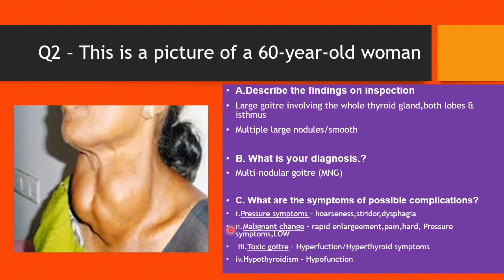Secondly, symptoms of malignant change: rapid enlargement, pain, hardness, and pressure symptoms, and also constitutional symptoms with loss of weight, etc. Thirdly, toxic symptoms such as hyperfunction, thyrotoxicosis symptoms, eye signs, generalized symptoms. These are all very important to go through in this patient. And fourthly, hypofunction, whether she has got features of hypothyroidism.